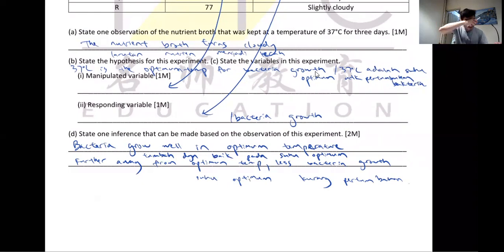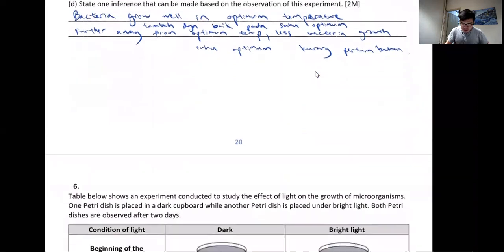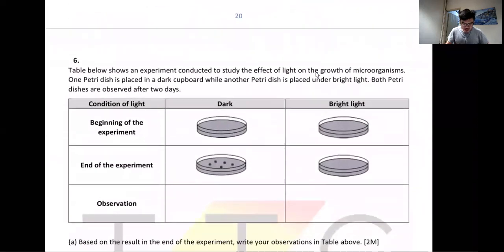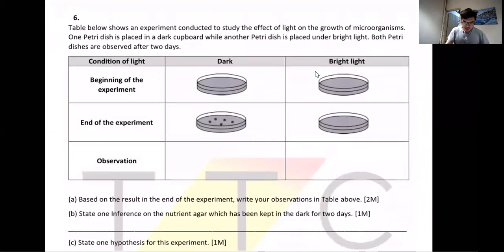Okay, this should be a very simple exercise. Should be a very simple experiment. In fact, this is a very simple chapter. Okay, because the 5 factors is what matters for this chapter. Okay, so moving on. Let's go to question 6. So the table below shows an experiment conducted to study the effect of light on growth of microorganisms.